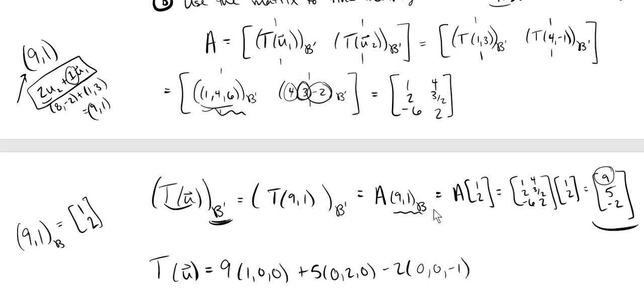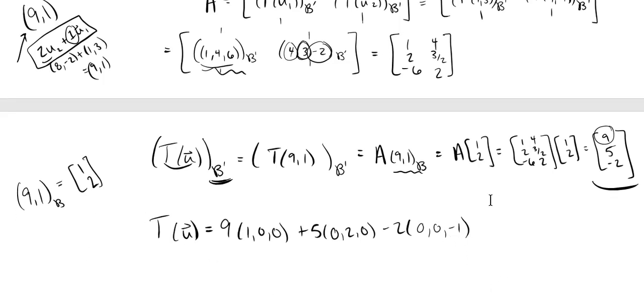And just always remember you're going away from the actual domain to coordinates of elements of the domain, transforming the coordinates over, just like the transformation would do to the actual elements, but then you need to go back from those coordinates to an actual vector in your codomain, and that's what we have here.